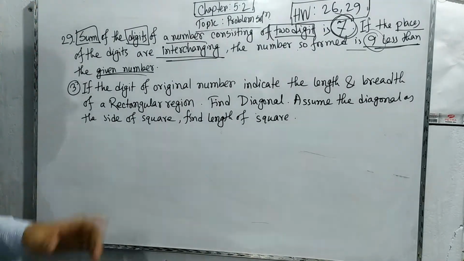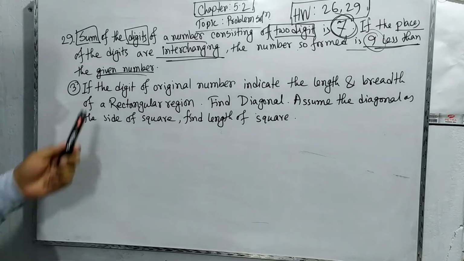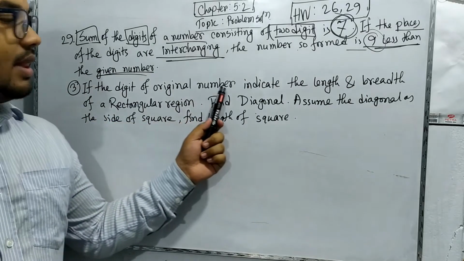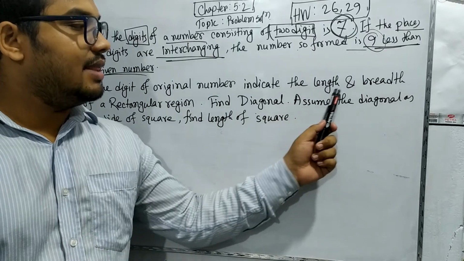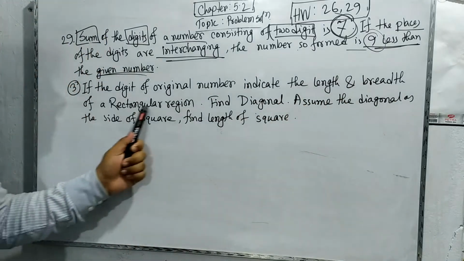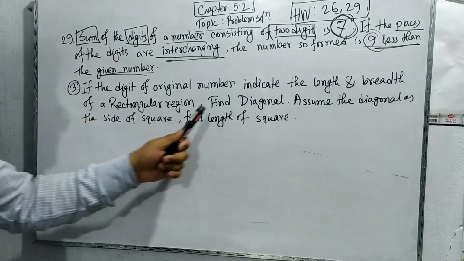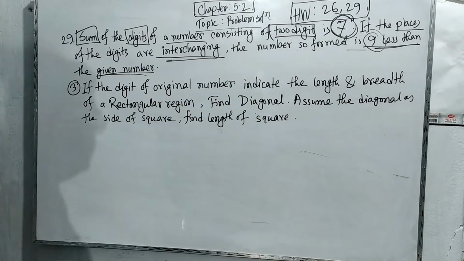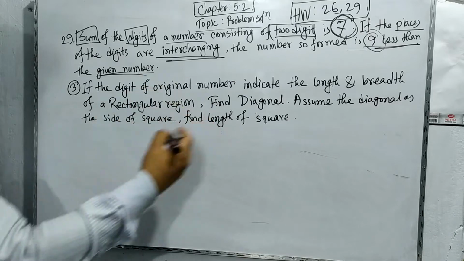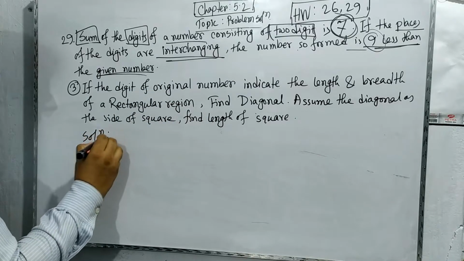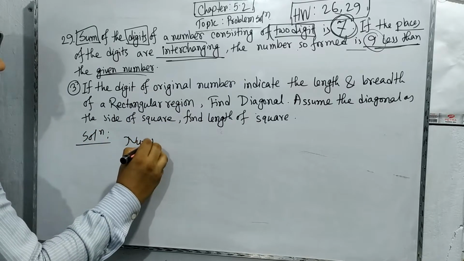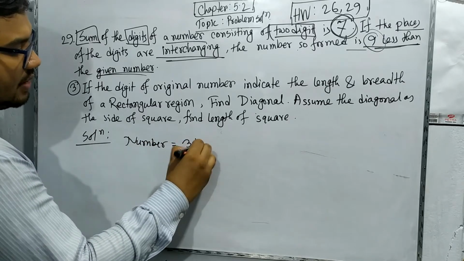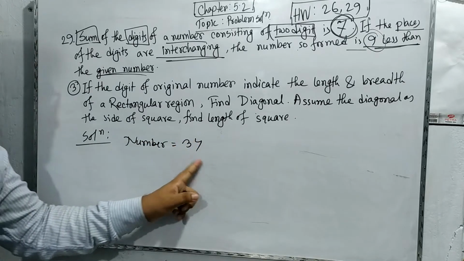Here number 3 question says, if the digits of the original number indicate the length and breadth of a rectangular region, if it looks like this, then find the diagonal. So we are trying to find this part first. Our number was 3, 4.